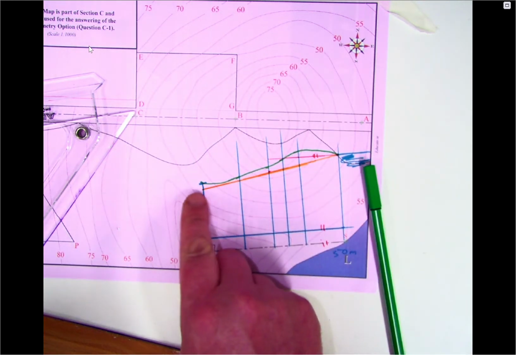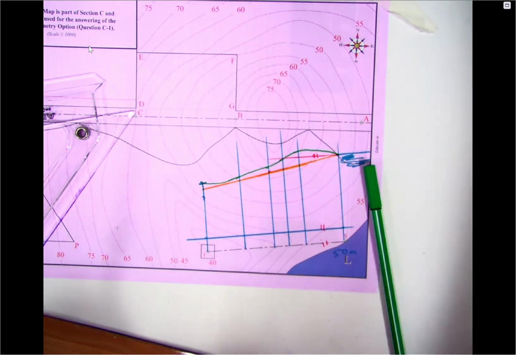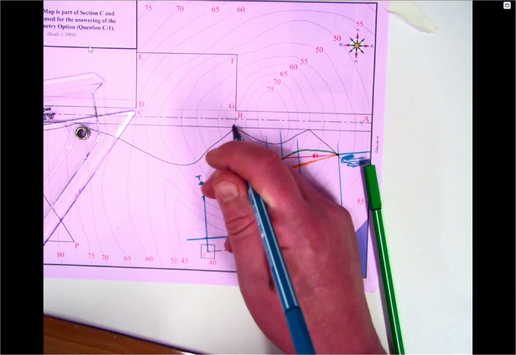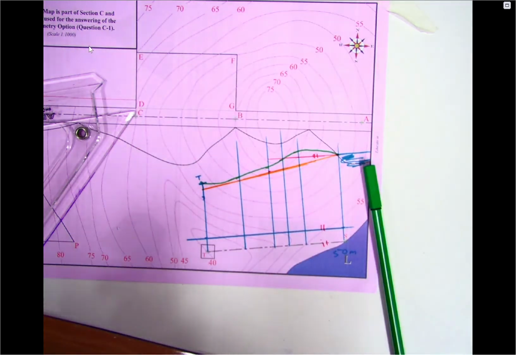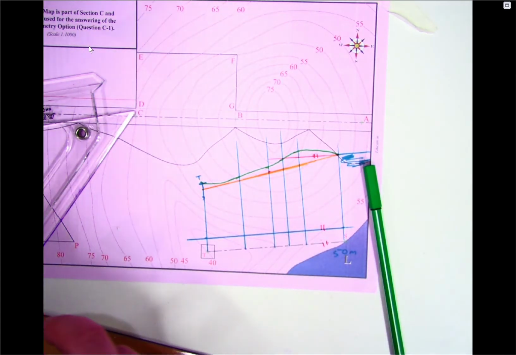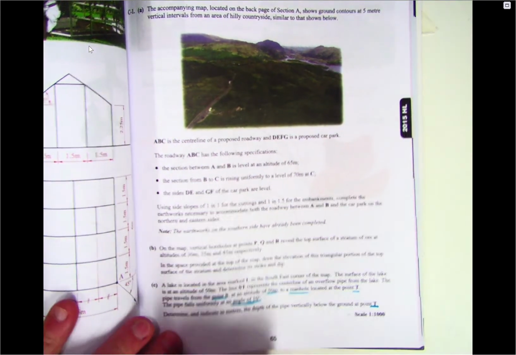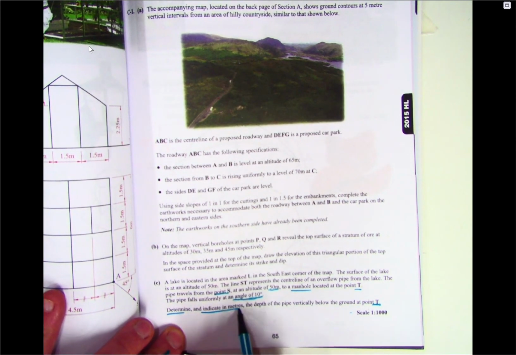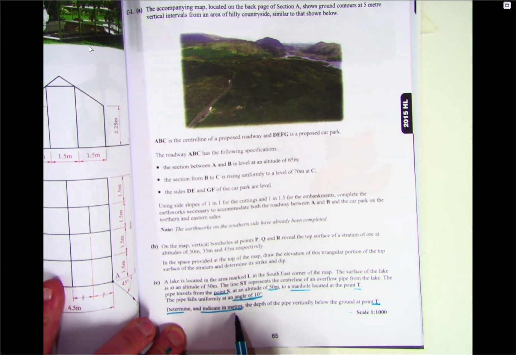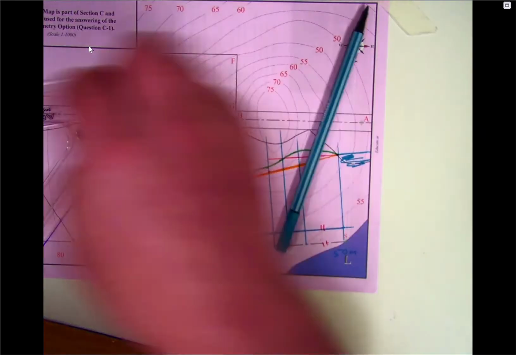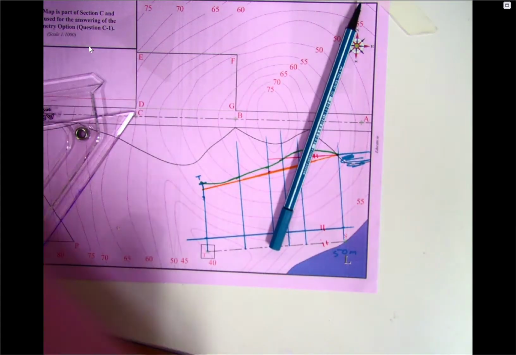And what they said here is basically there's a manhole here at T. Basically T is here. So what that means is I can open up here, there's a sewer cap of some sort, and they said in the question, determine and indicate in meters. Now this bit is important. It says determine and indicate in meters. So I have to write a measurement on that, right? The depth of the pipe. So basically, this here would be my depth.